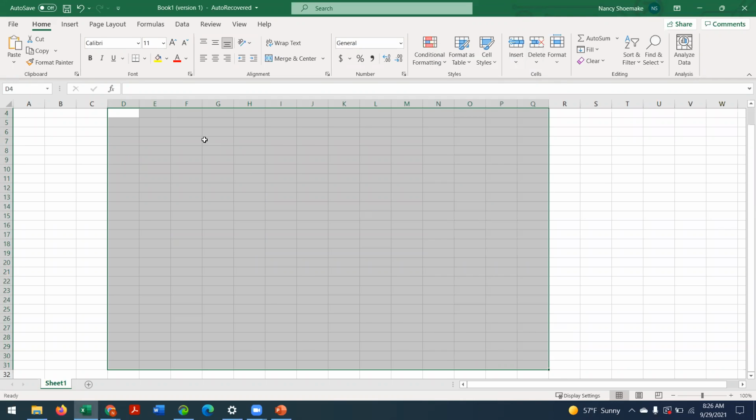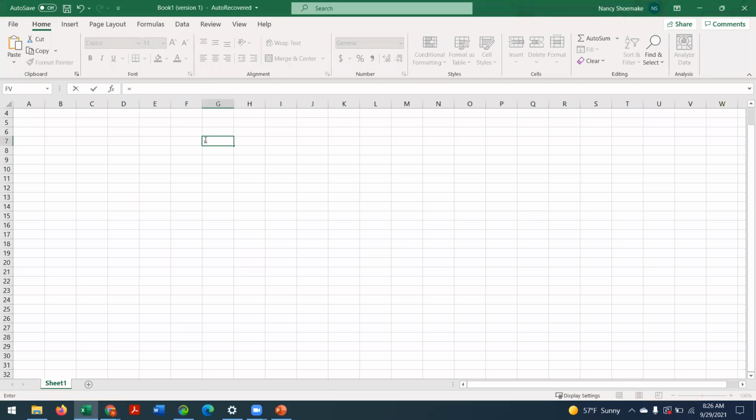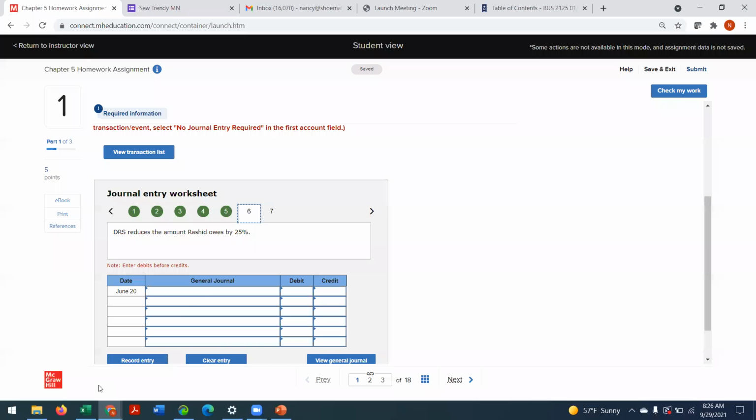So 2,080 times 25% means this would be a $520 reduction.